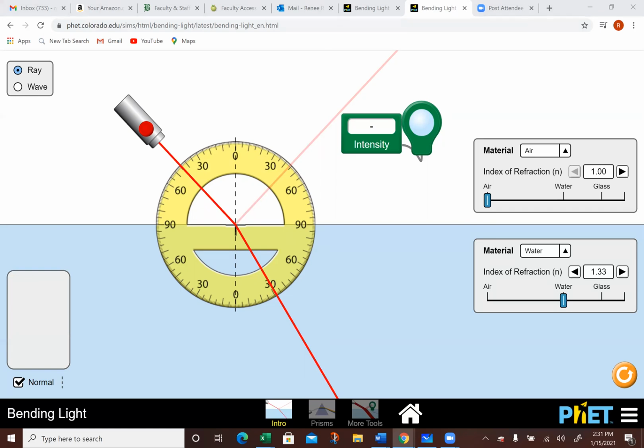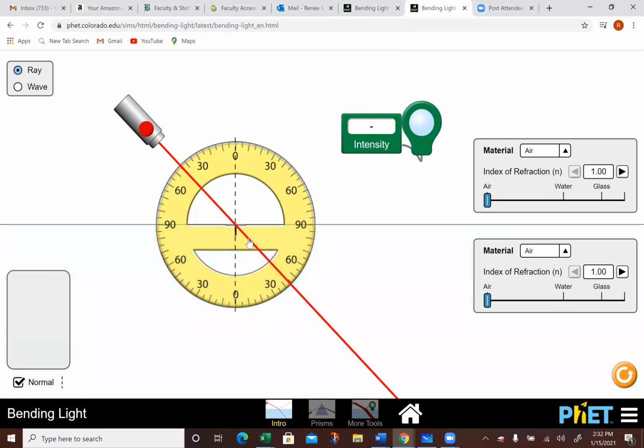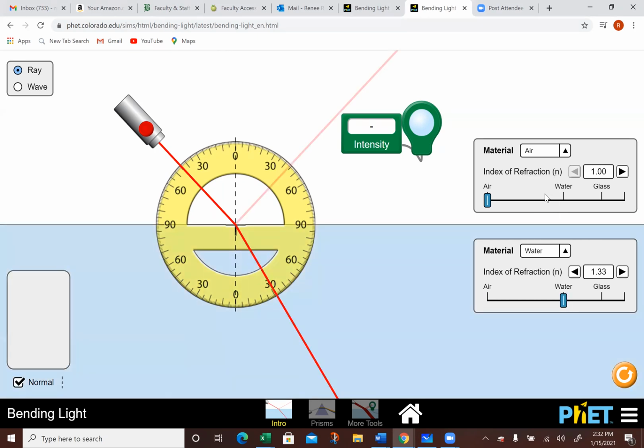And how do you figure out if it's going towards or away? Hold on one second. Okay, so how do you know whether it's going towards or away? If I just had air and air, it would go straight through. Watch the light at the bottom, which way does it bend? If I switch this to water, it bent to go towards the normal line, which is our dotted vertical line.